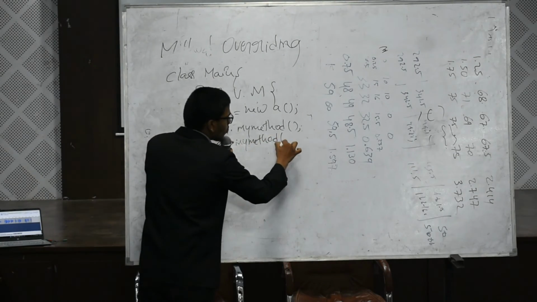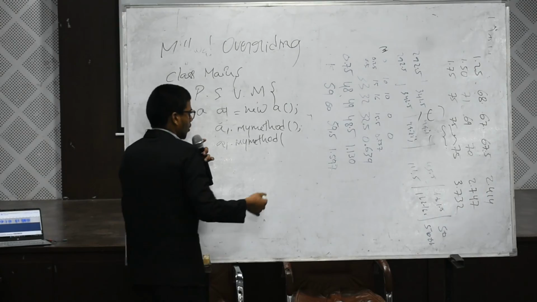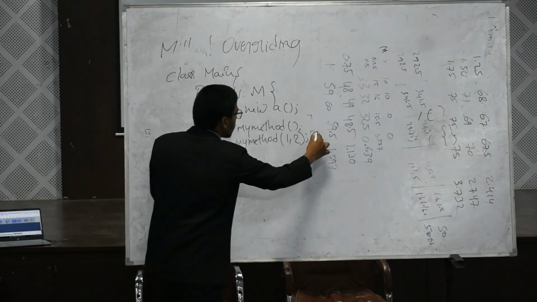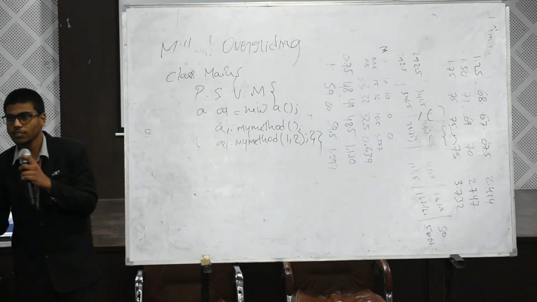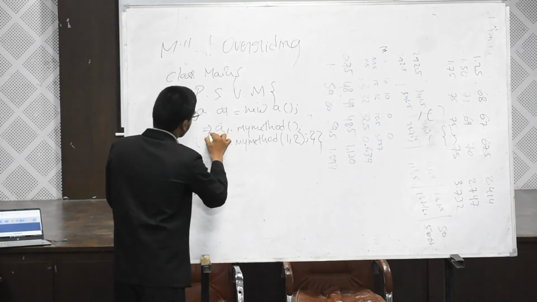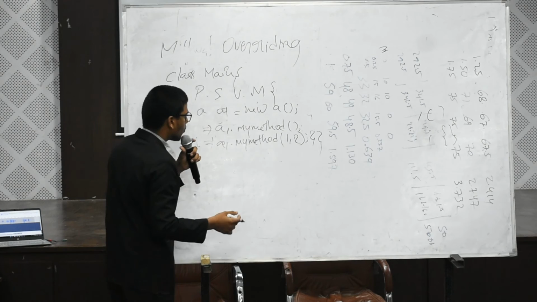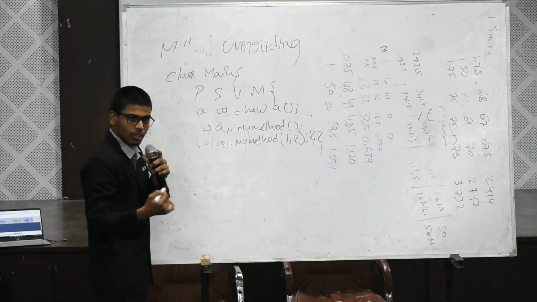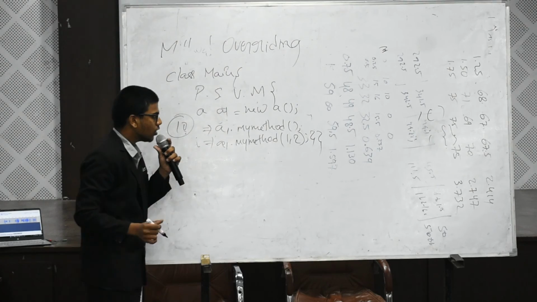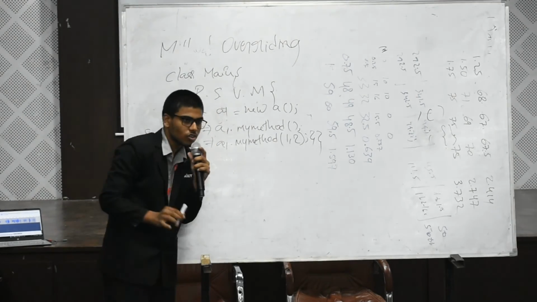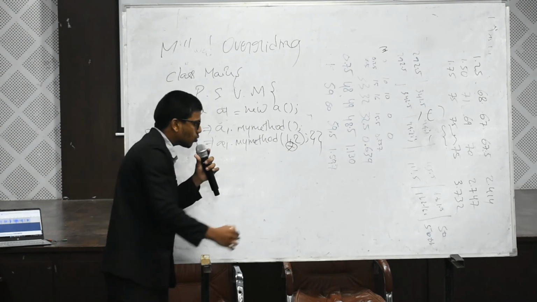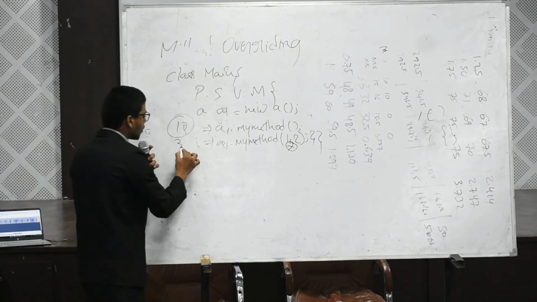These both have the same name but different parameters: 1 comma 2. You guess the output. The first one: when the code comes here, it prints the integer 10. The output is 10. Here I just wrote to print the addition of both parameters. So the output is 3.